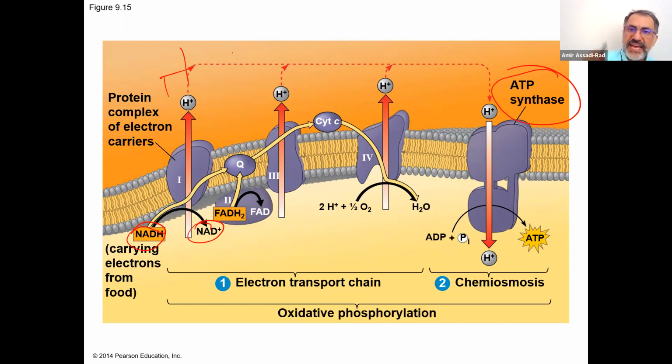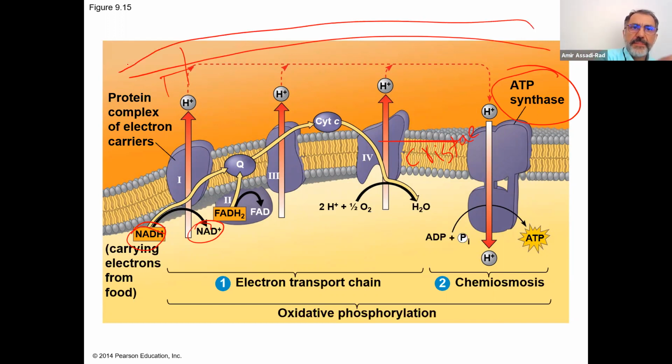Where is that? This is the cristae, the folds of the mitochondria. Out here would be the two layers of membrane. I'm going to just draw lines. That would be your outer membrane.